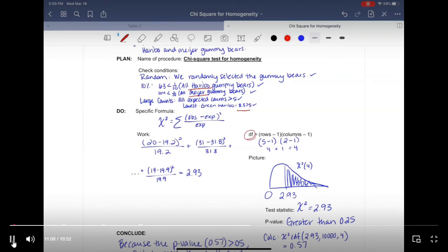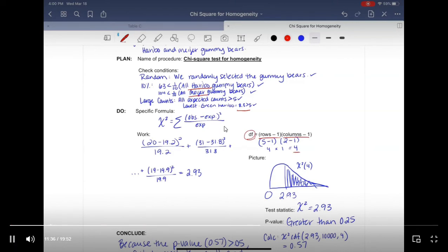With chi-square goodness of fit, it's just a single distribution where we did categories - 1. When you're doing a two-way table, you have rows - 1, so your number of categories for the rows, and then the number of categories for the columns, which in this case were like our two different samples. So we've got rows - 1 times columns - 1, so we have degrees of freedom of 4.